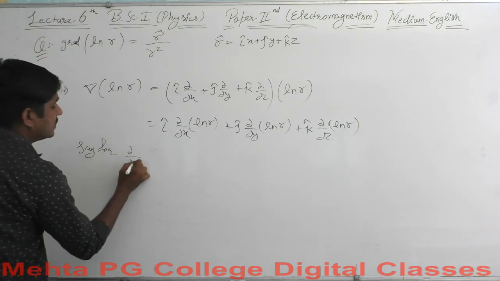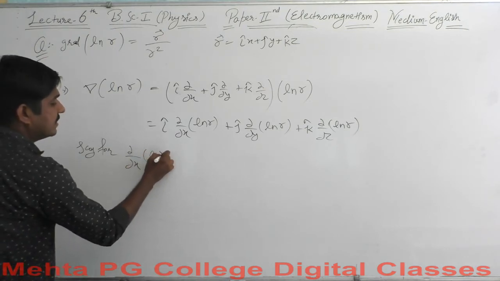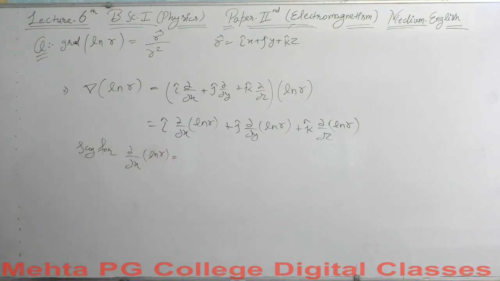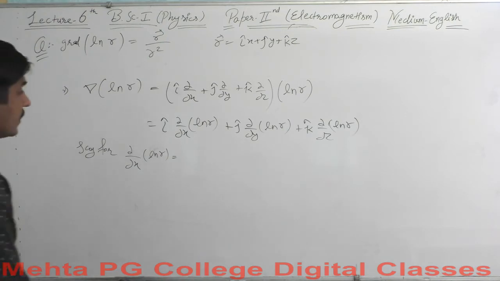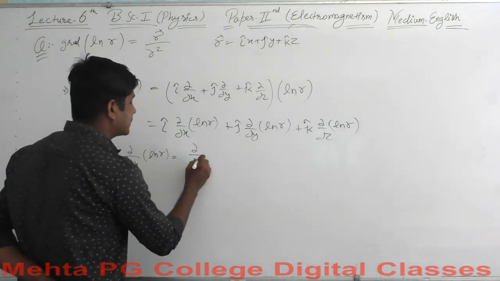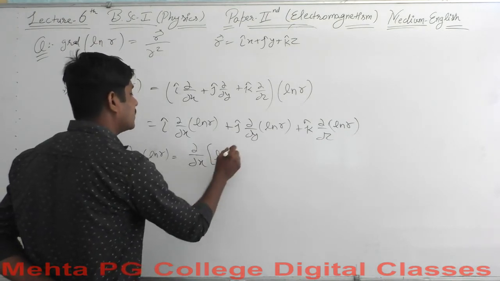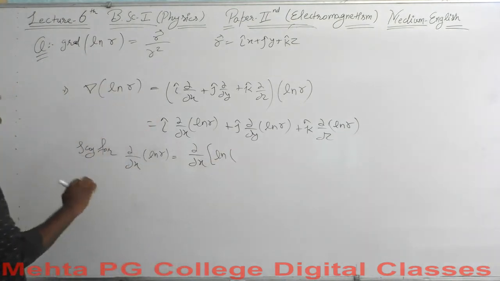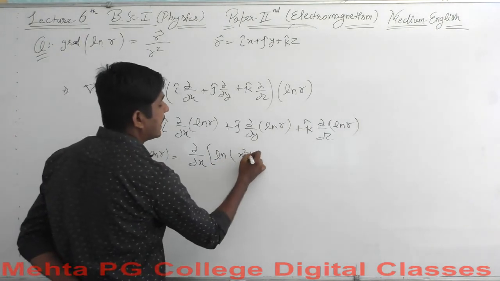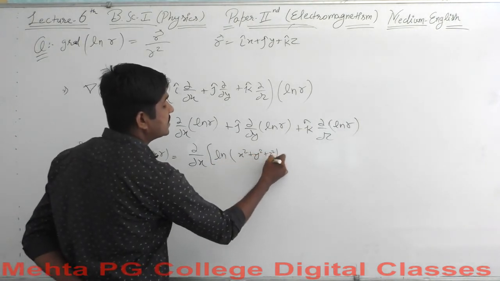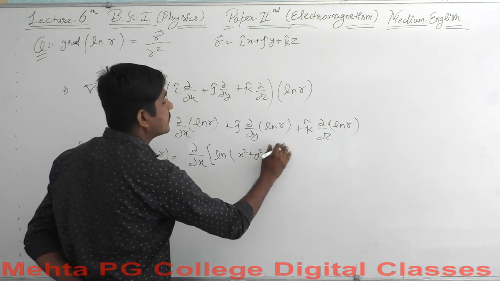Say for ∂/∂x ln of r, what will be the value here? The value of r will be equal to (x square plus y square plus z square) power 1 by 2.